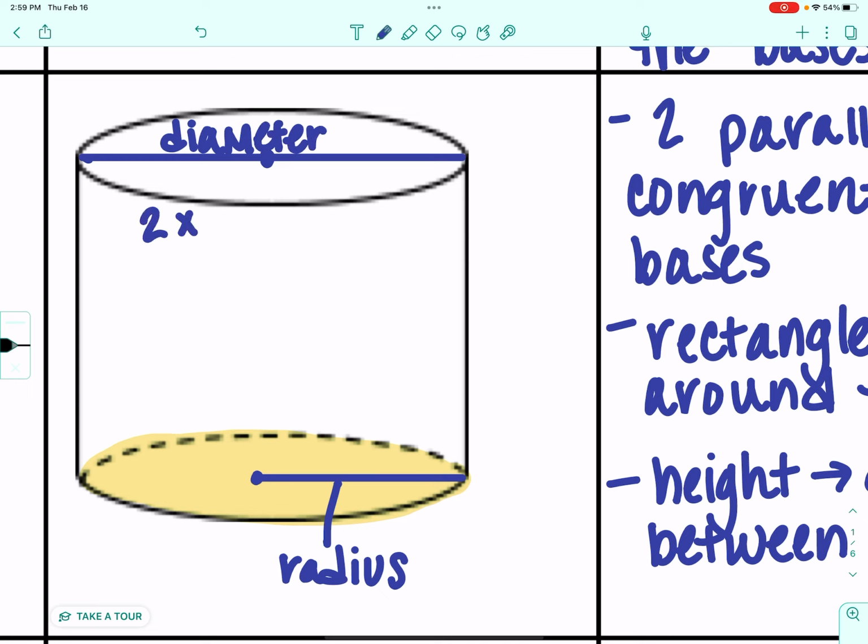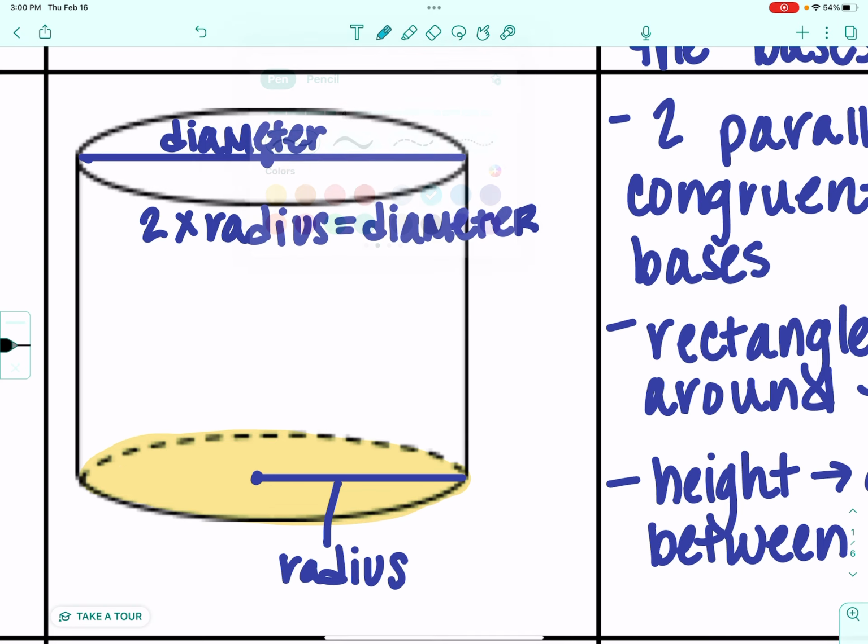And 2 times the radius equals the diameter. The last part you need is our little h, the height of our cylinder.